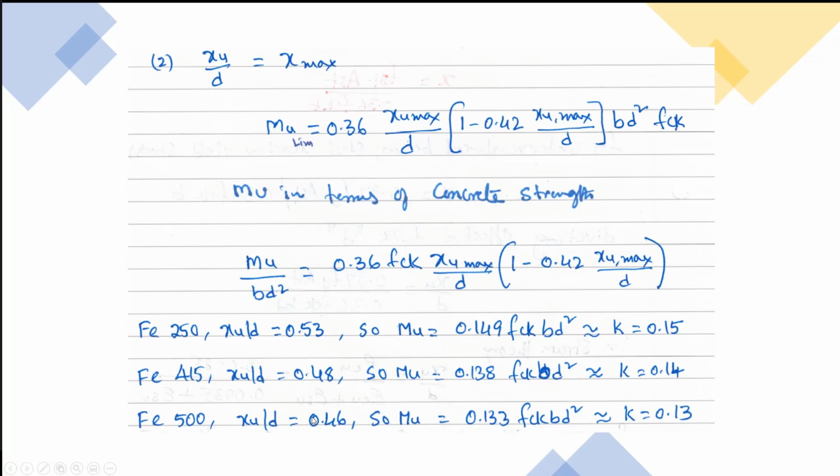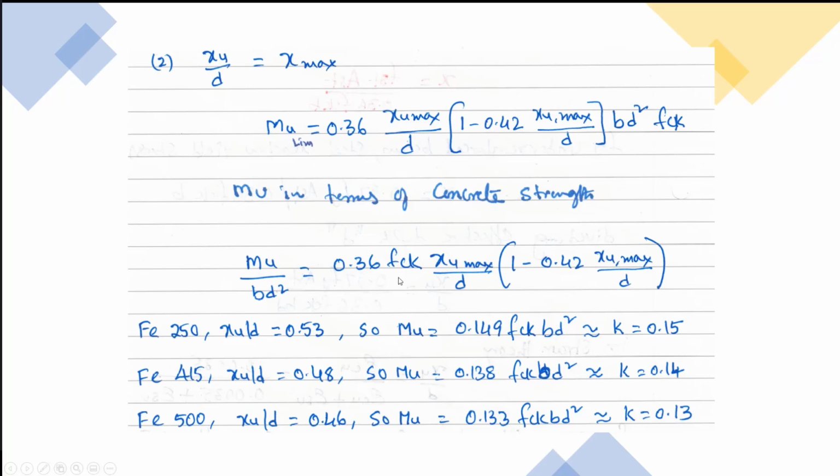Okay, let's go for Xu max and how to calculate it. For the balanced sections, the values we discussed are: for Fe 250, Xu by d equals 0.53, for 415 steel 0.48, and for 500 steel 0.46.